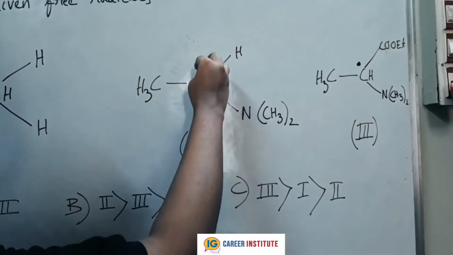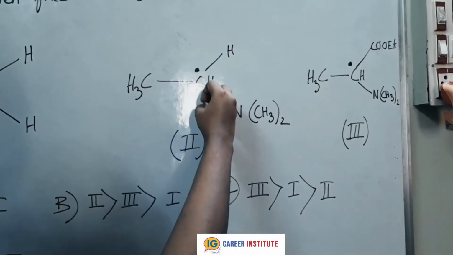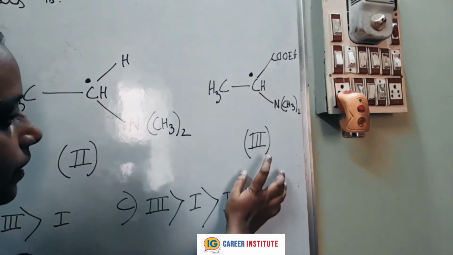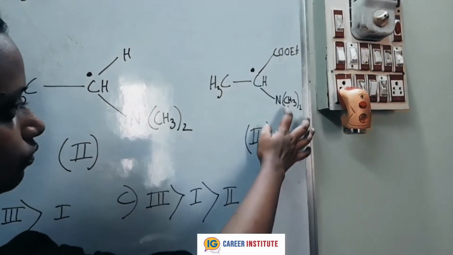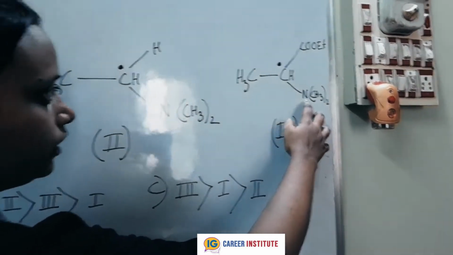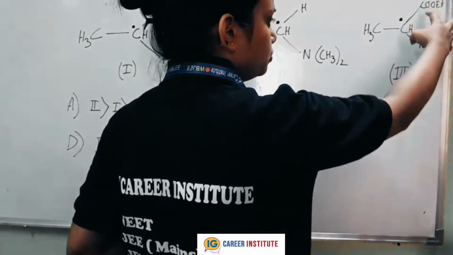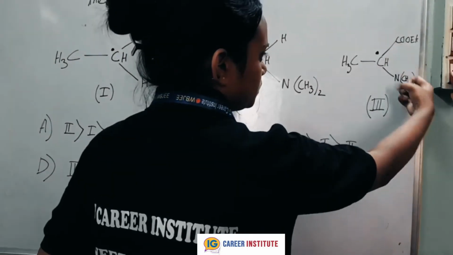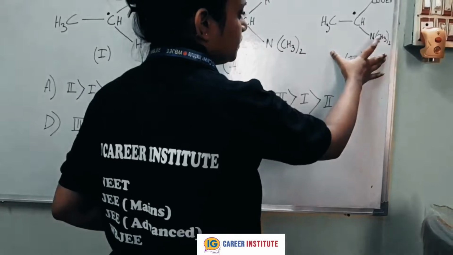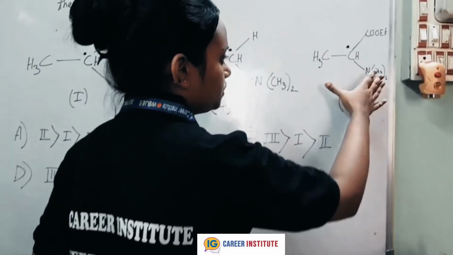That carbon will be stable if the charge density is lessened by some other functional group. In compound 3, there are two electron withdrawing groups, COOEt and NCH3 whole twice. Owing to their electronegativity, they will be pulling the charge density from the carbon center, thereby stabilizing this species more.